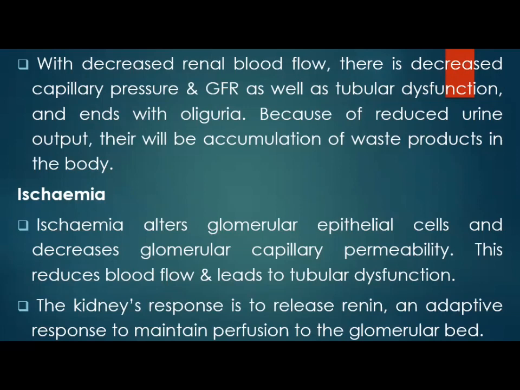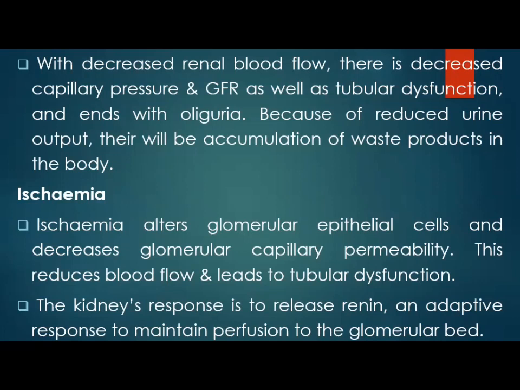Because we have reduced blood going to the kidneys, there will be ischemia. The ischemia will occur to some of these tubes, some of these blood vessels, some of these tissues in the kidney.